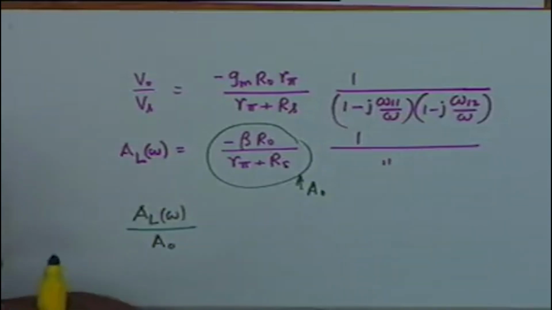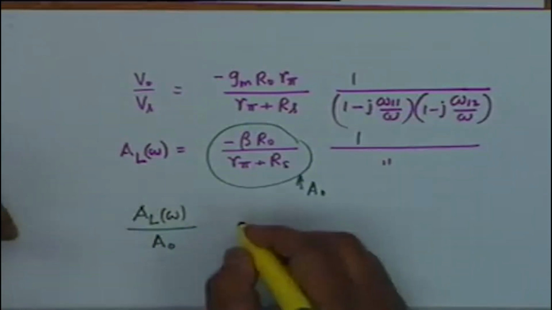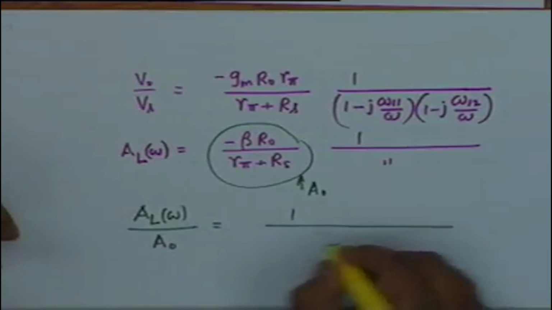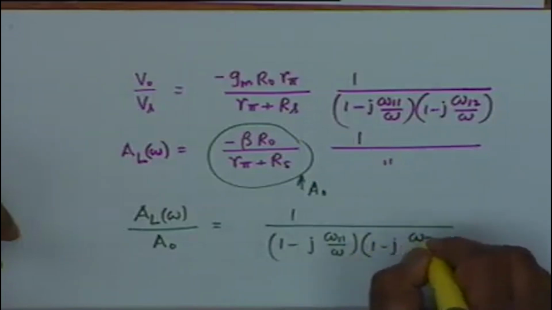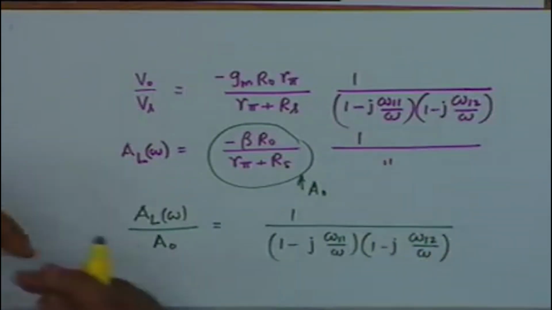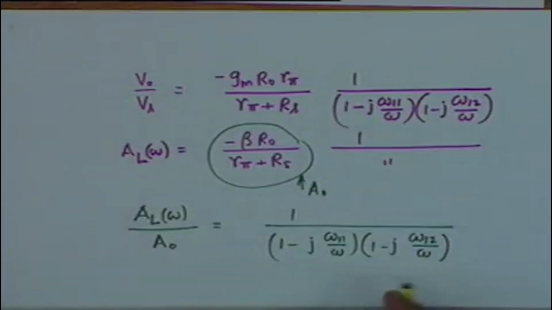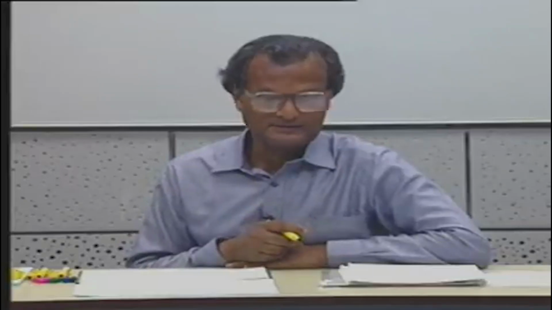If we normalize the gain with respect to A0, it is simply given by 1 by 1 minus j omega 1 by omega, 1 minus j omega 1 2 by omega. It is a product of two terms like this, and you notice that, what is the value at omega equal to 0?